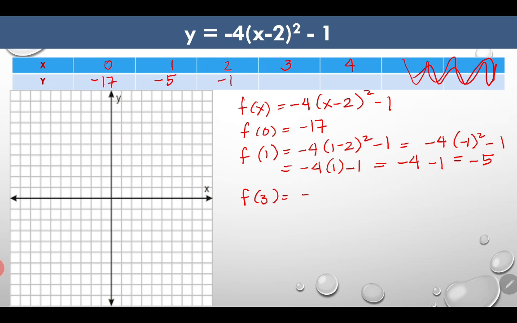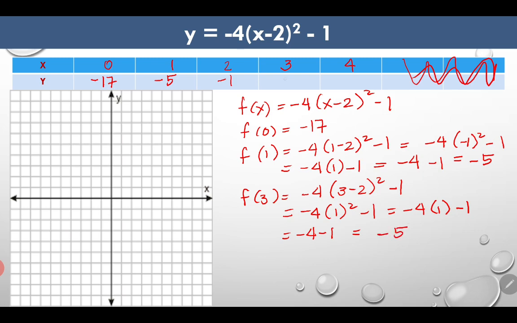So, that becomes negative 4 times quantity 3 minus 2 squared minus 1. So, negative 4 times 1 squared minus 1, that is negative 4 times 1 minus 1, which is negative 4 minus 1, that is equal to negative 5. Okay, so we write negative 5 there.